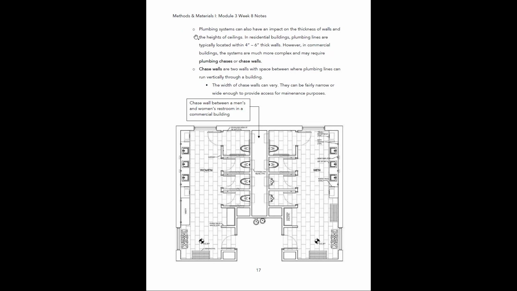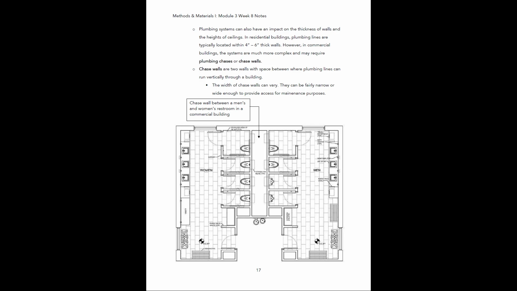Plumbing systems can also have an impact on the thickness of walls and the heights of ceilings. So in residential buildings, plumbing lines are typically located within 4 to 6 inch thick walls. However, in commercial buildings, the systems are much more complex and they may require plumbing chases or chase walls. Okay, so we've talked about chases before.